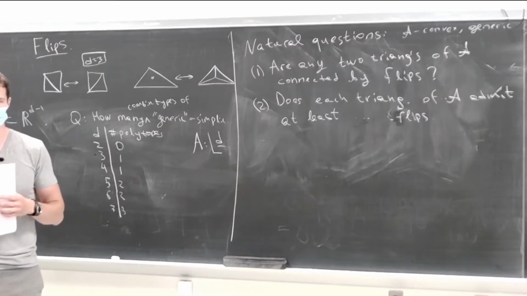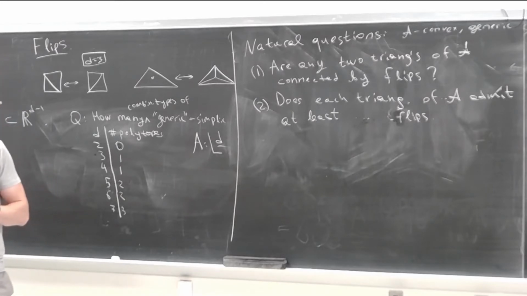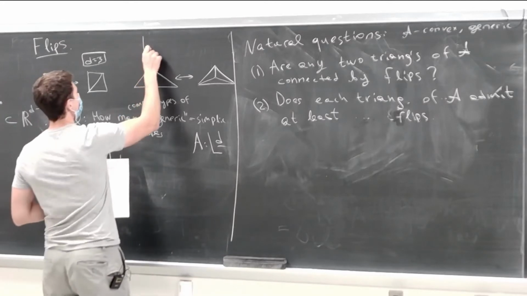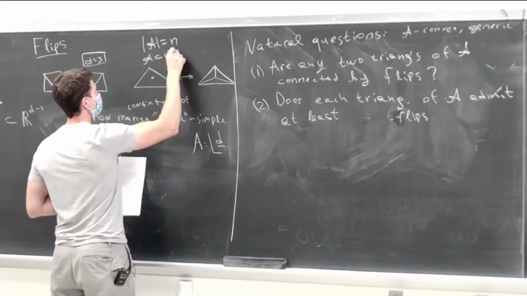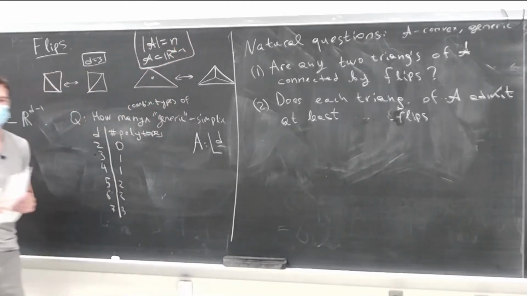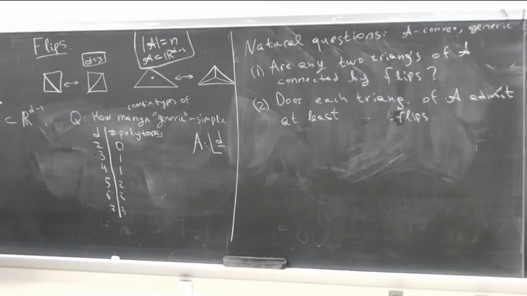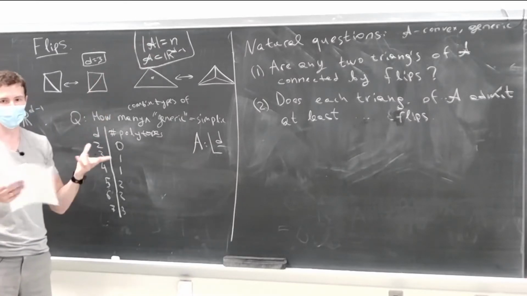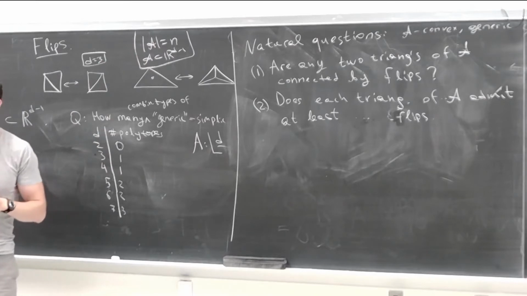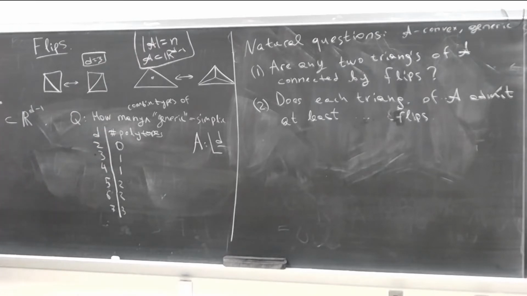A has n points, and A is inside R to the d. Or even, let's say, n. I mean, n could be equal to d, in which case there are no flips. N minus d.